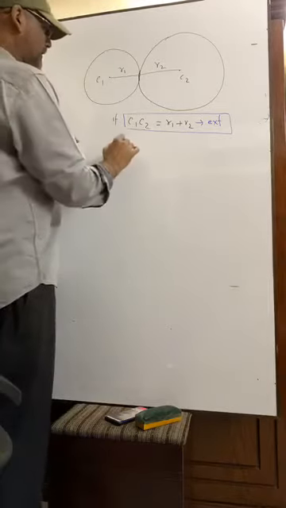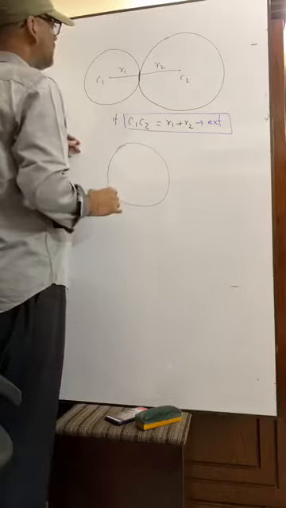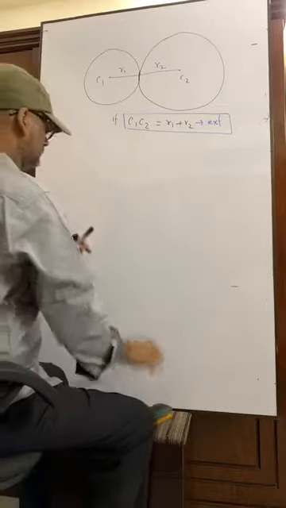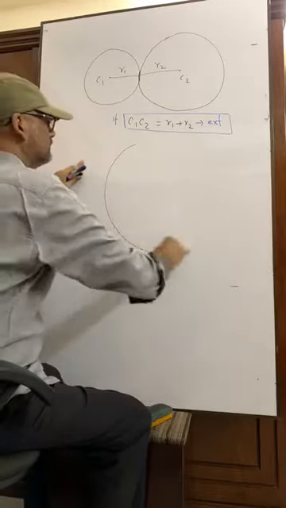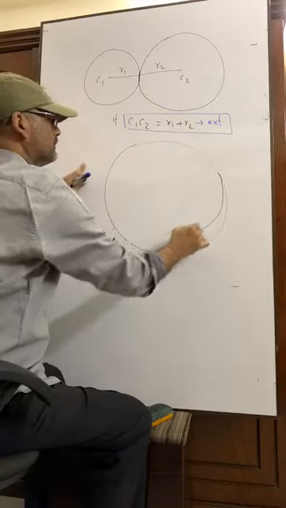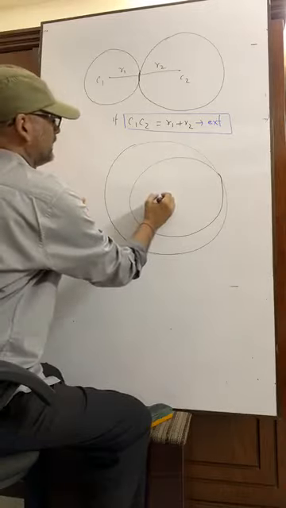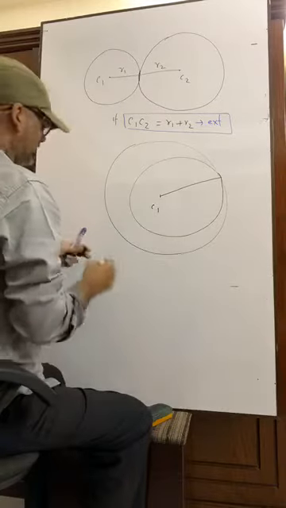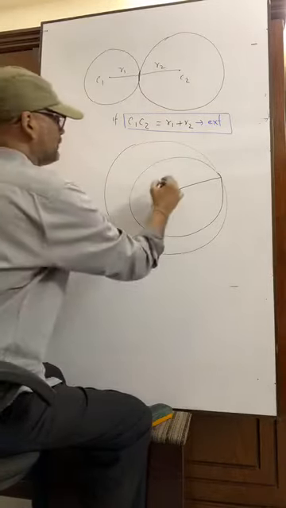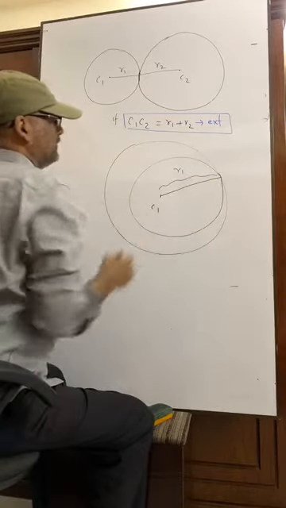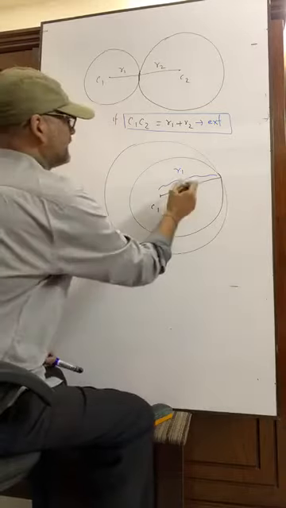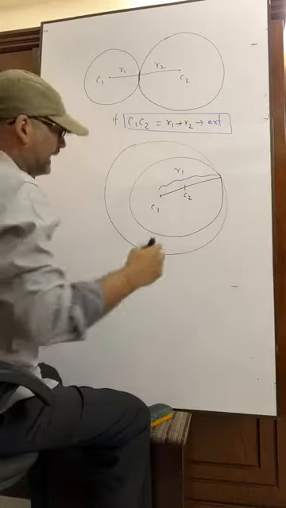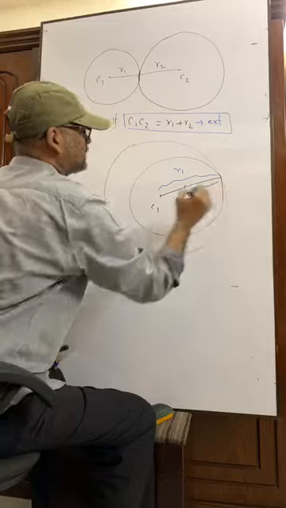But if this is the center C1, and its radius is R1, and C2 is the center of the second circle, and its radius is R2.